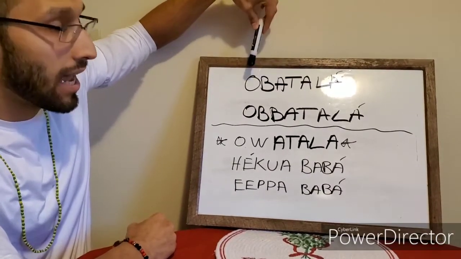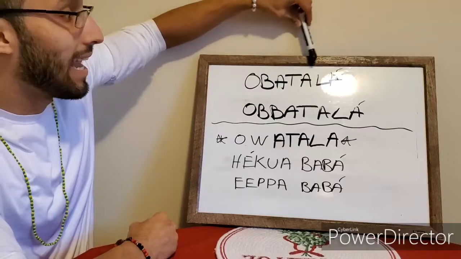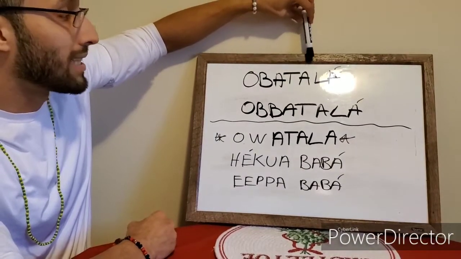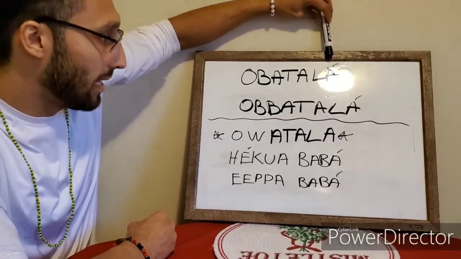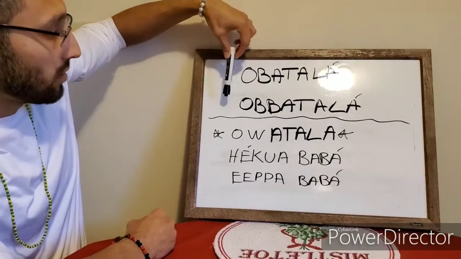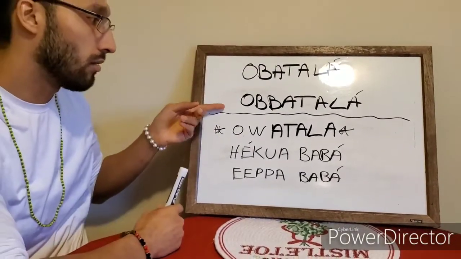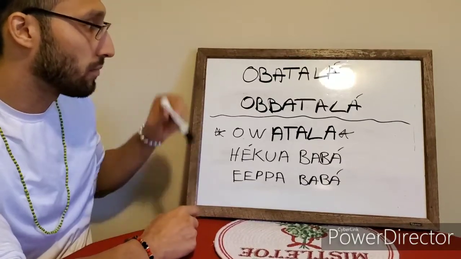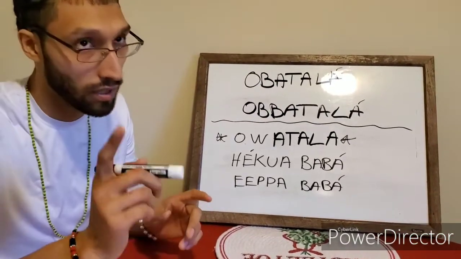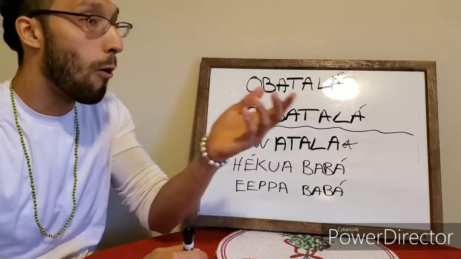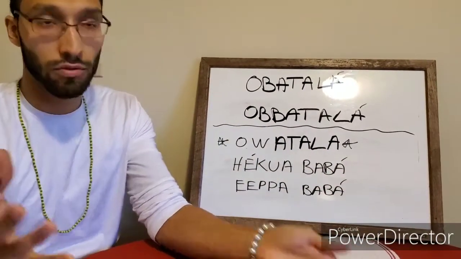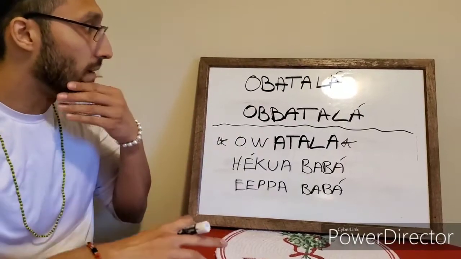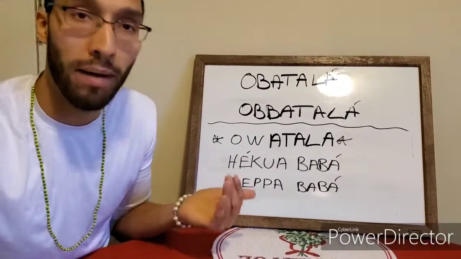It's the last A. I've also seen it spelled with a double B, same thing. The proper spelling is like this, because like I said in the last part with Chango, there's Oba, the Orisha, and Oba, which translates to king. So yes, the pronunciation is Obatala.